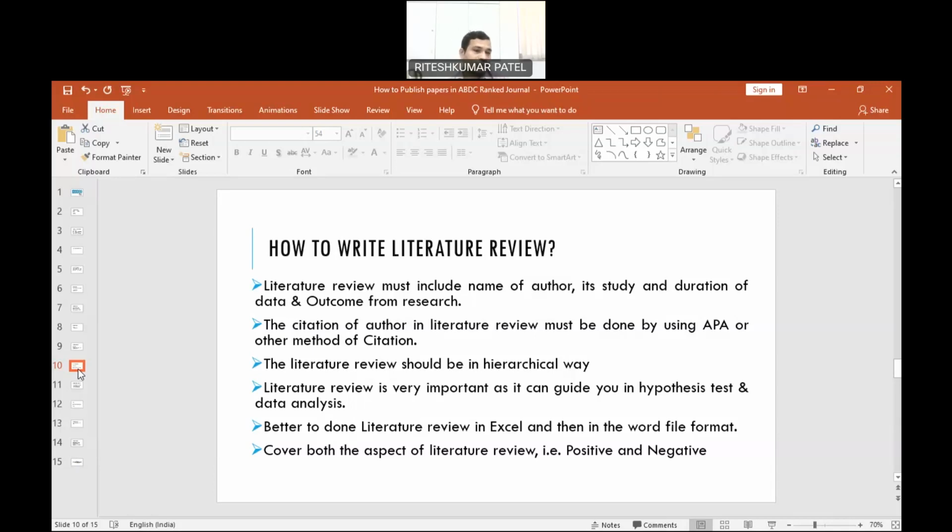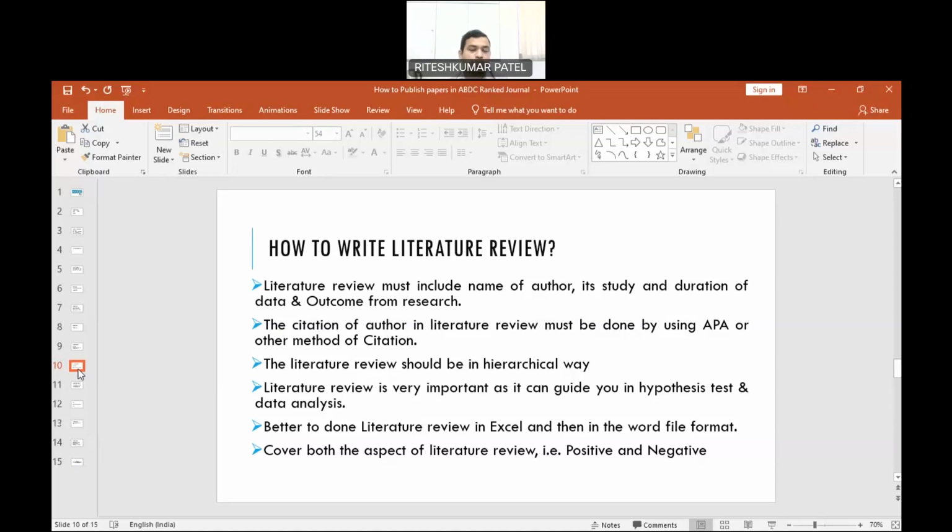You do the referencing of your paper simultaneously, because if you miss it, you will have a loss in the future. So do it simultaneously, and cite the authors' literature in a proper manner.